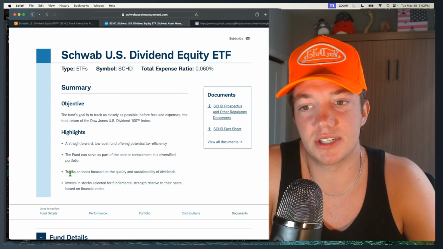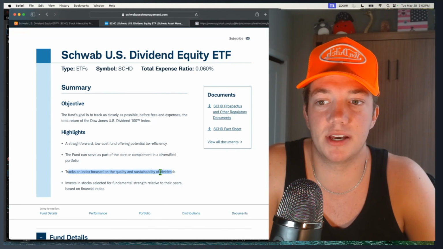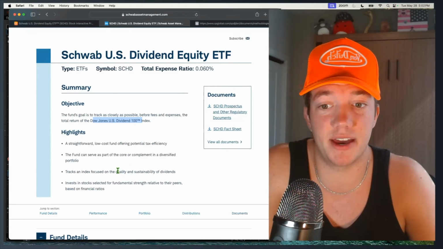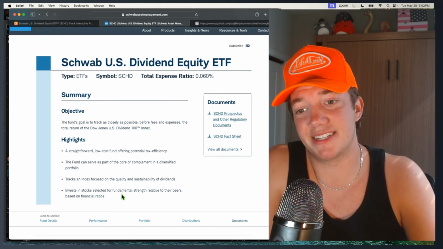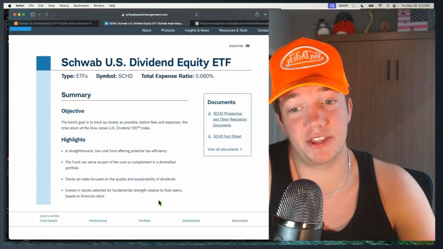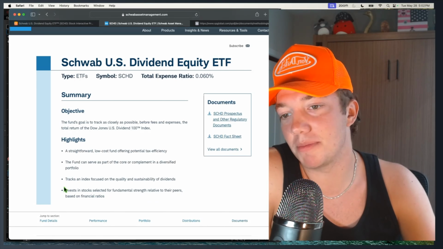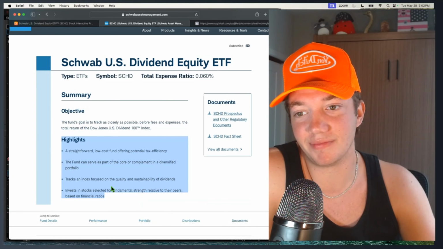So, like we said, it tracks an index focused on the quality and sustainability of dividends. We will visit the methodology behind that quality and sustainability. And it invests in stocks selected for fundamental strength relative to their peers based on financial ratios. So, yes, these are the highlights of SCHD.